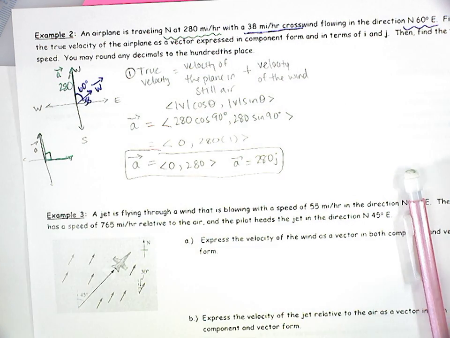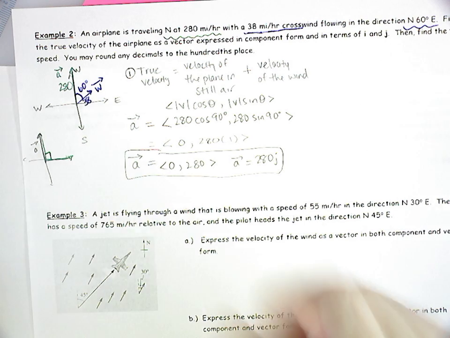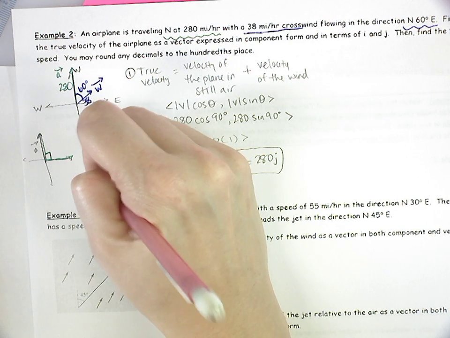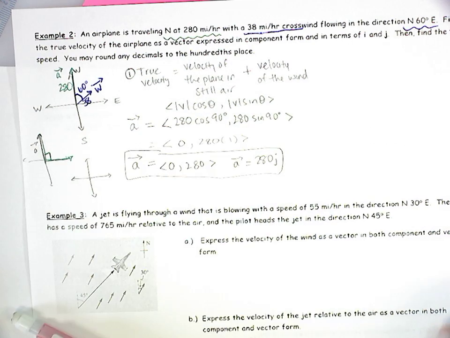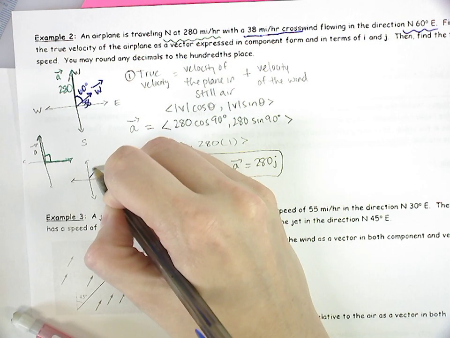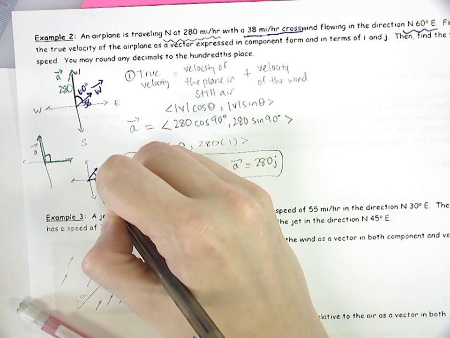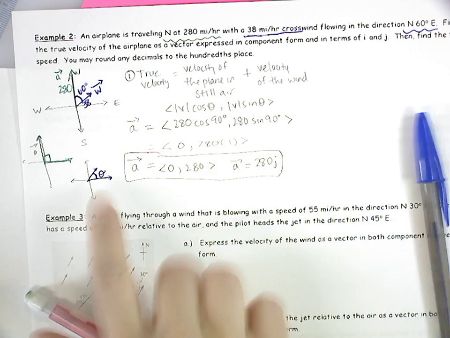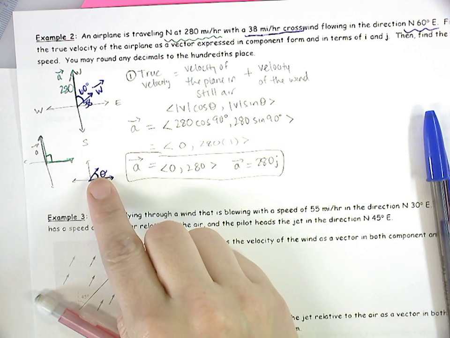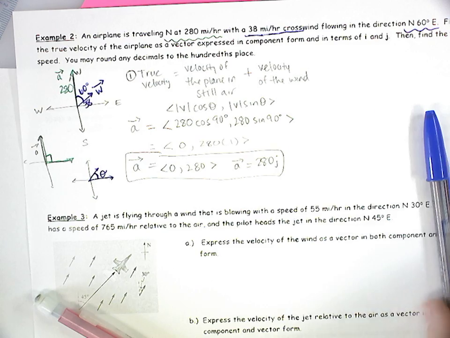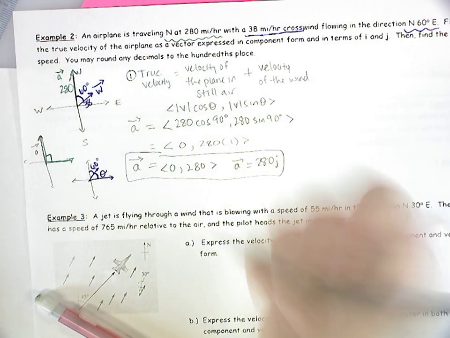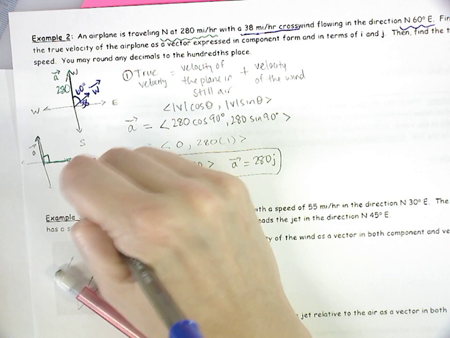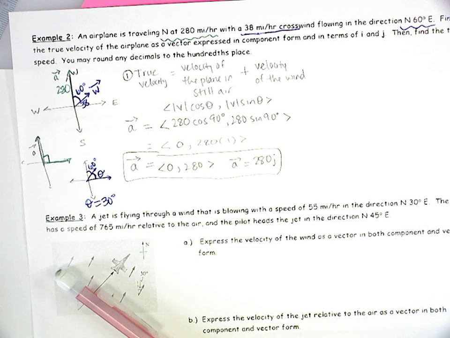No. Okay, to find theta, where do you always want to start? Yeah, you're always going to start at 0. So I have this vector here, and I'm going to start at 0. This is what I'm trying to find for theta, but I don't have that part. I have the top portion. I know that this is 60, so it'd be 30. Exactly. If this is 60, your theta value is going to be 30 degrees.